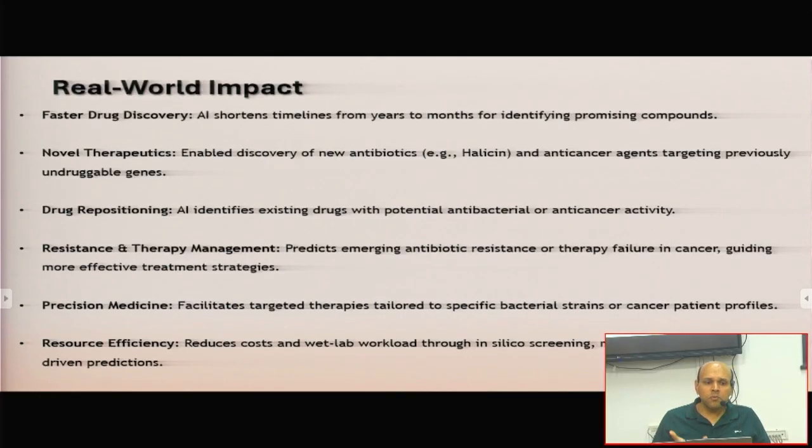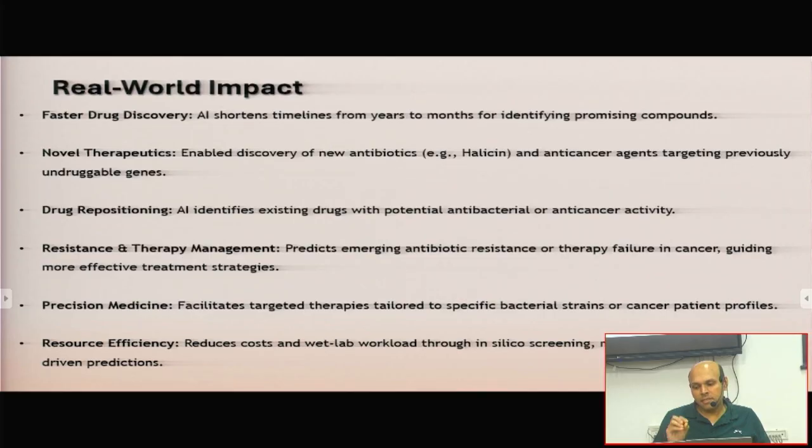And real world impact is there in the way of faster drug discovery, novel therapeutics, drugs that are repositioned from something else into antibacterial, or antibacterial drugs that become anti-cancer, anti-diabetic drugs, resistance and therapy management, then precision medicine as well.